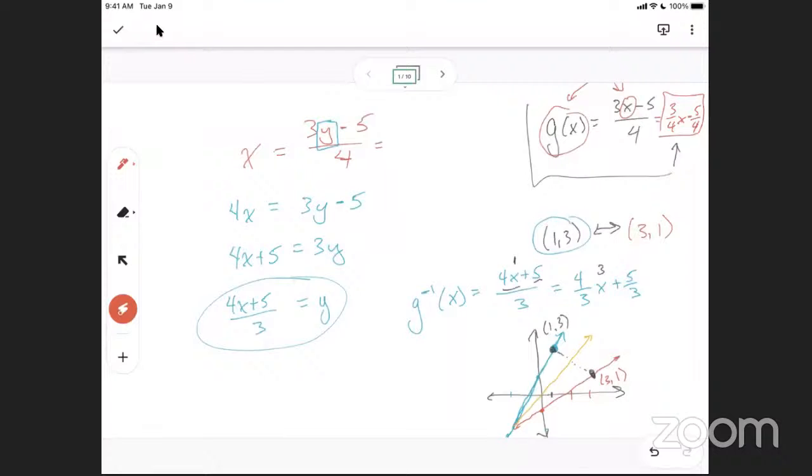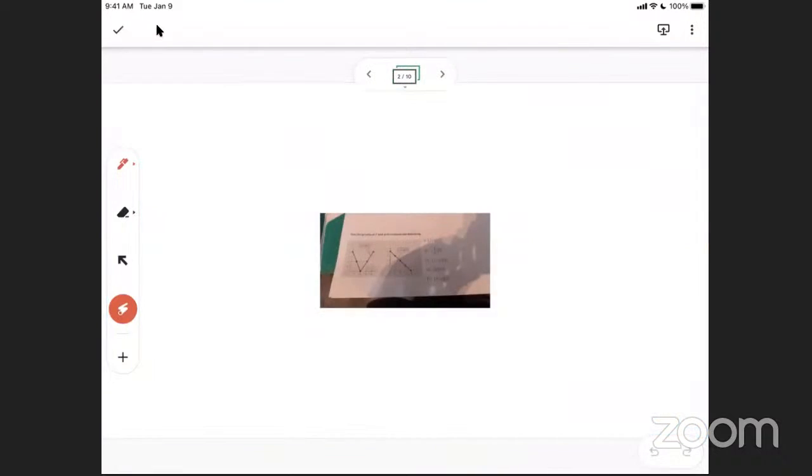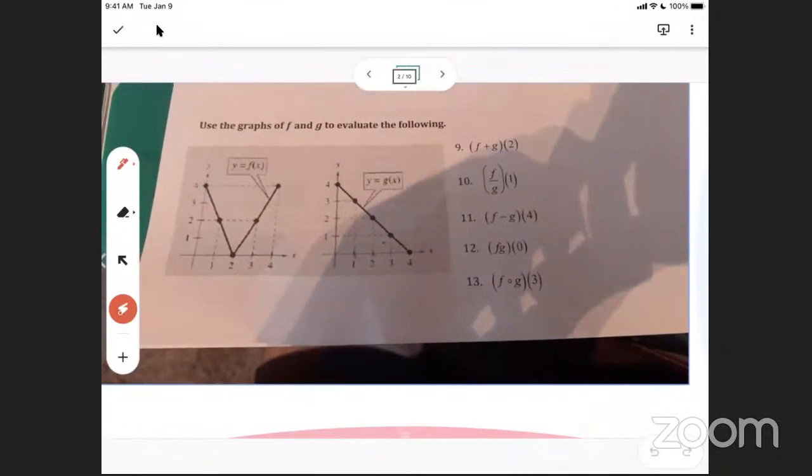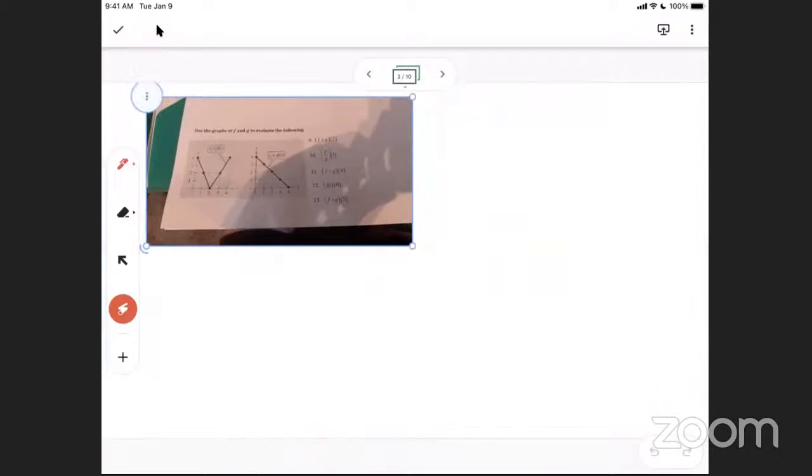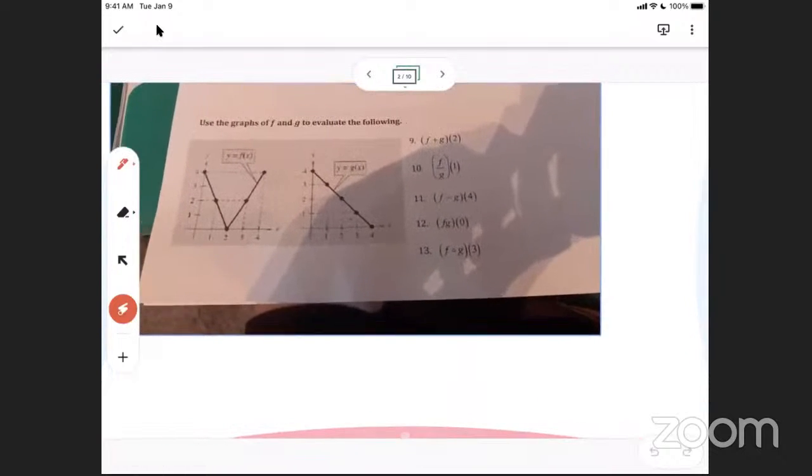But if you're given a graph and they're asking you for the inverse, then you can literally just take all the points and interchange the x and the y coordinates, and those will give you points on the other graph. So I don't know if you have to do that yet, but just keep that in mind. We may be seeing that soon.